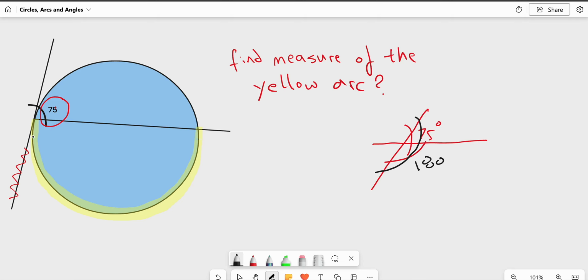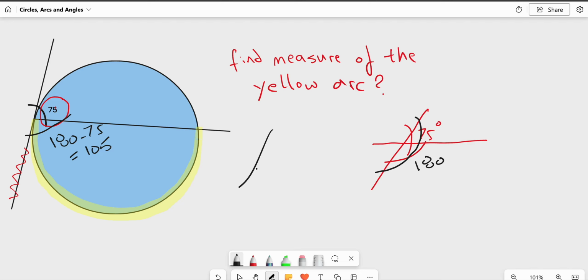So all we need to do is find this angle, and this angle is 180 minus 75, which is 105.